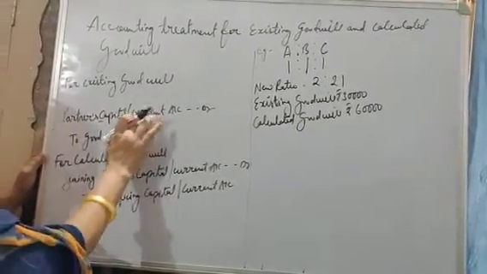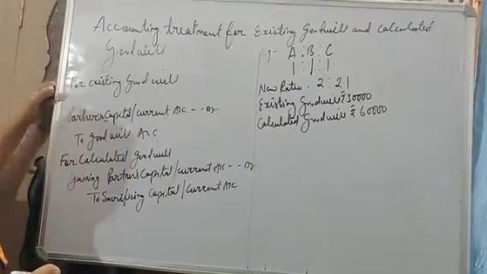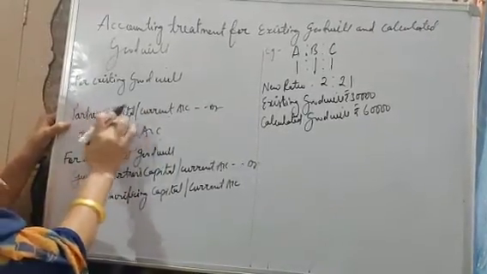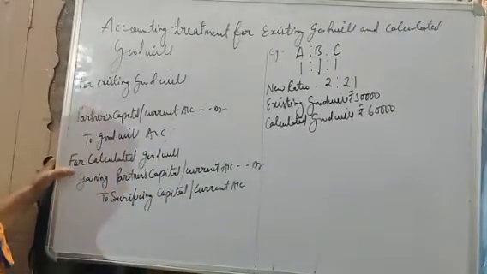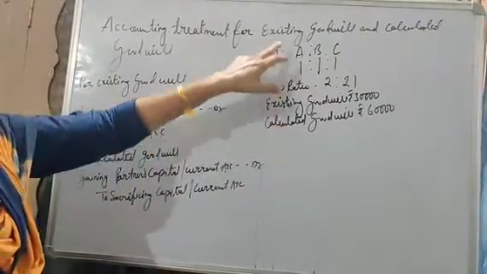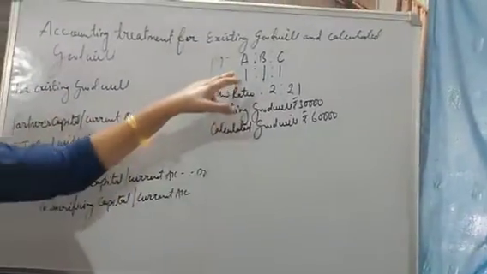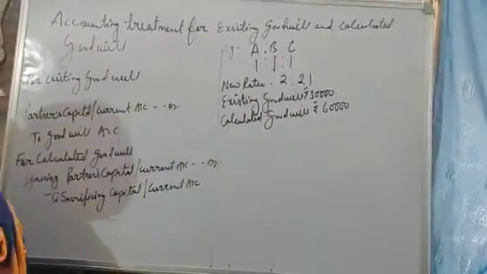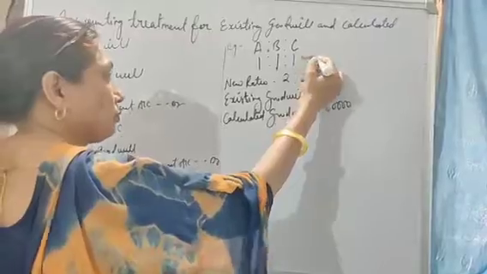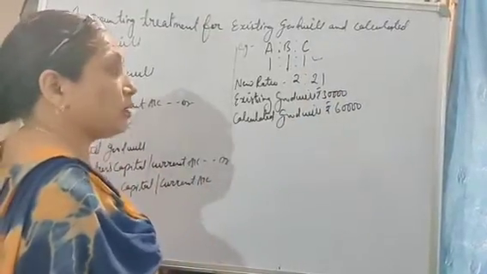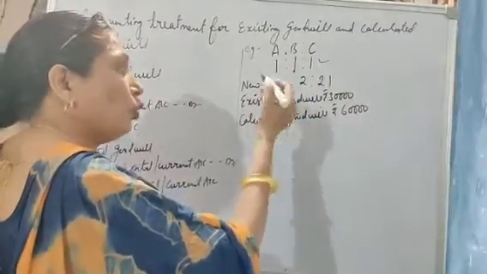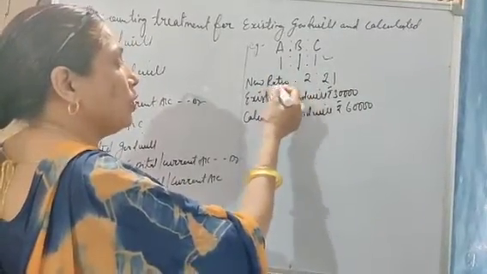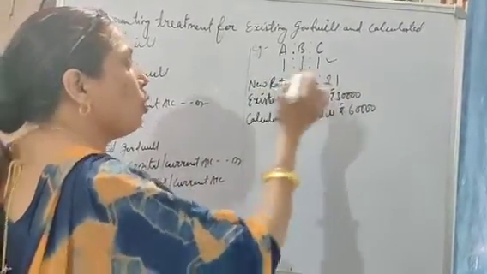So for writing off existing goodwill, you have to prepare entry: partners capital account or current account debit to goodwill account. And this is the question. I have taken one example for you, that is A, B, C, three partners are there. Their existing ratio is equal, that is 1:1:1, and they want to share their profits in new ratio, that is 2:2:1.